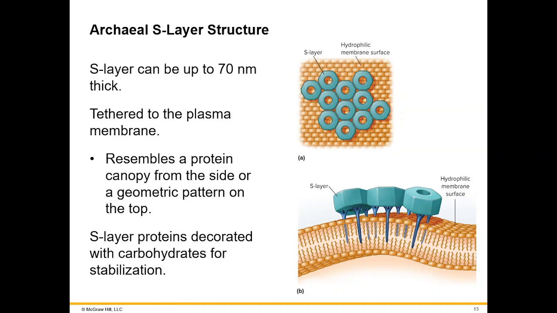They can move around since they are technically not bound or anchored to anything. They are drifting in the sea of plasma membrane lipids. Sometimes they are decorated with carbohydrates to allow for stabilized rafts, or basically to add stability to the layer.